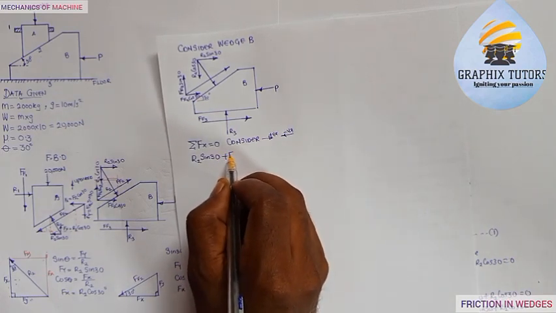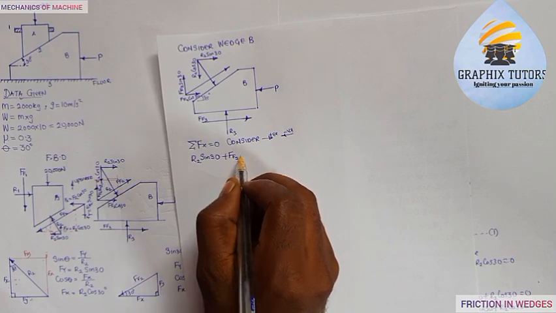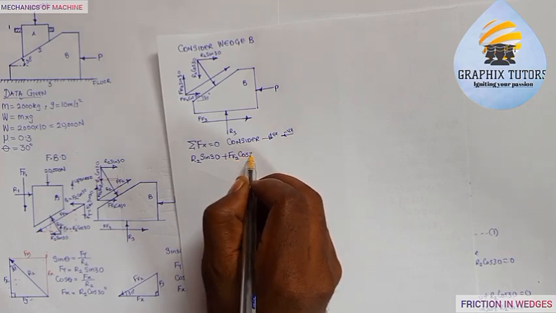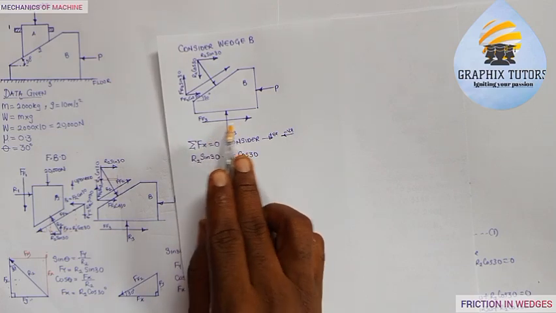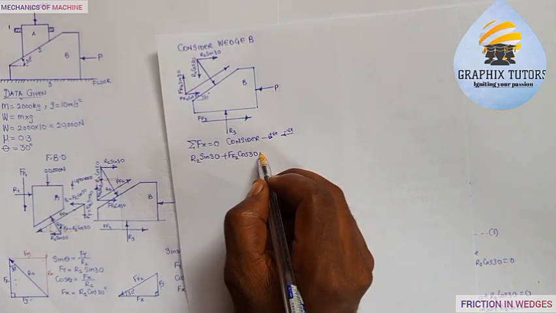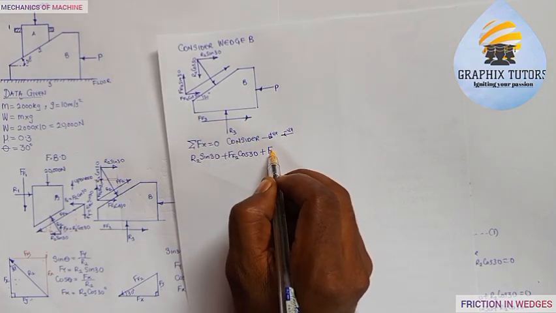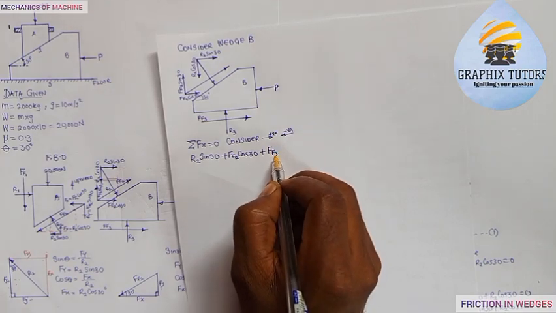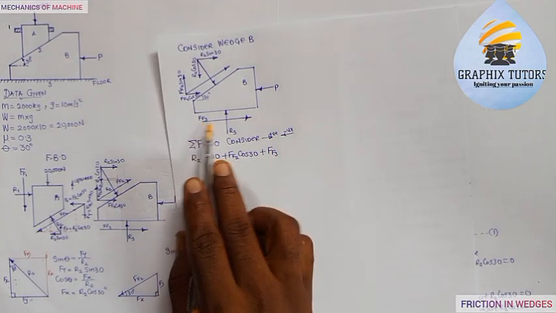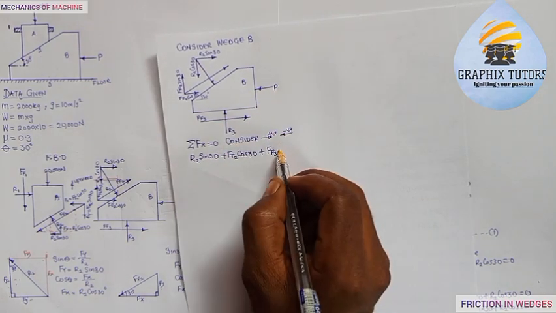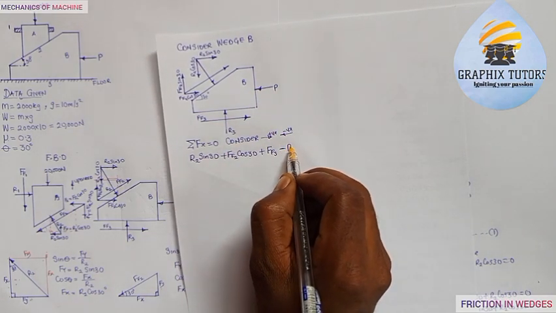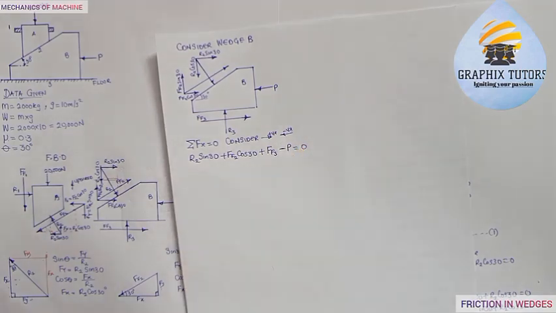That will be frictional force 2 cos 30. This is also lying down, that is frictional force 3, so it will be positive, plus frictional force 3, so I'm not putting cos or anything, I already explained to you. And this is facing back, that's the force, minus P equals to 0.